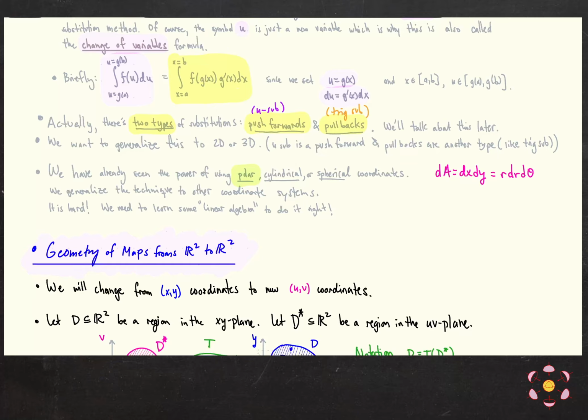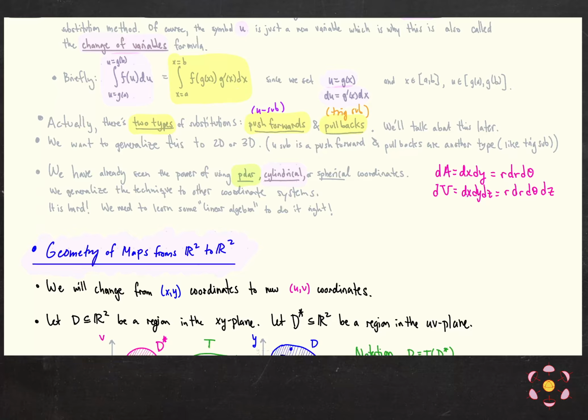Okay, and then when we learned cylindrical coordinates, this is in three variables, since we're integrating volumes, we would look at the differential form dV, which is dx dy dz. And for cylindrical coordinates, the way to remember it is polar plus z, so r dr d theta dz.